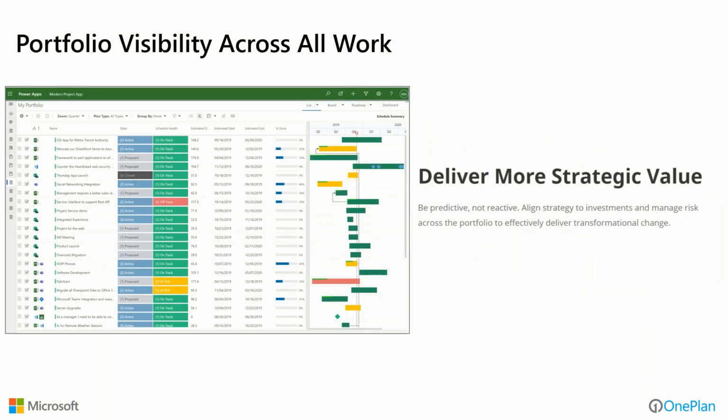So what does OnePlan add to the core Project Power App? And if you want to look more about the Project Power App, you can find on our website a link to last week's webinar to look at the fundamentals around that in more detail. But what can be added is more of a modeling capability and a visual capability and what-if scenarios, portfolio visibility across all work.